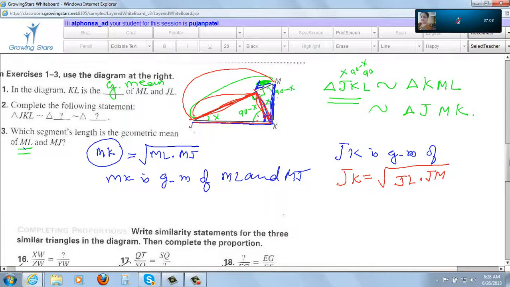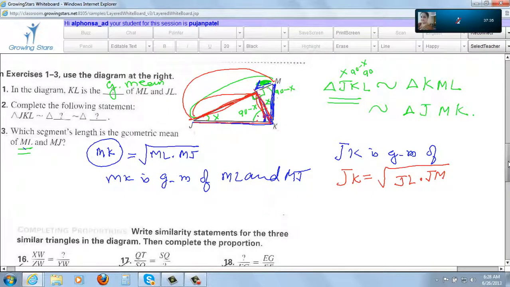We can go for the common angle, the shared angle. We'll start off with one of the triangles, like triangle XWZ. Now X is a shared angle. If you look at the full triangle YXZ also, X is common to both these triangles, isn't it?